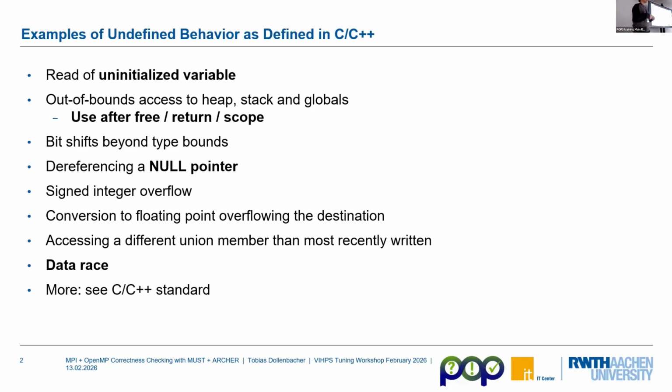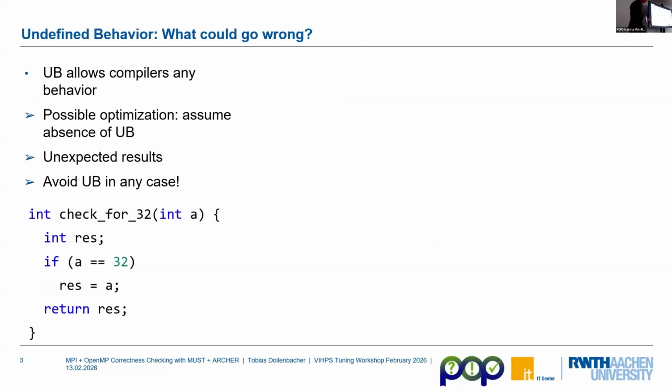If two threads are accessing the same variable or the same memory location, and one of them is a write at least, then we have a data race. It's not really defined what's going to happen there. And this is actually undefined behavior according to the C standard. That means the compiler can do anything with it, which gives us a really hard time to debug this stuff.